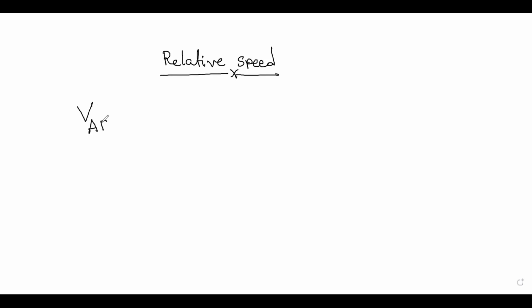VAB bar. This is said as velocity of A relative to B. This one formula you have to understand. That's it. Understand, not remember. Remembering is very easy.